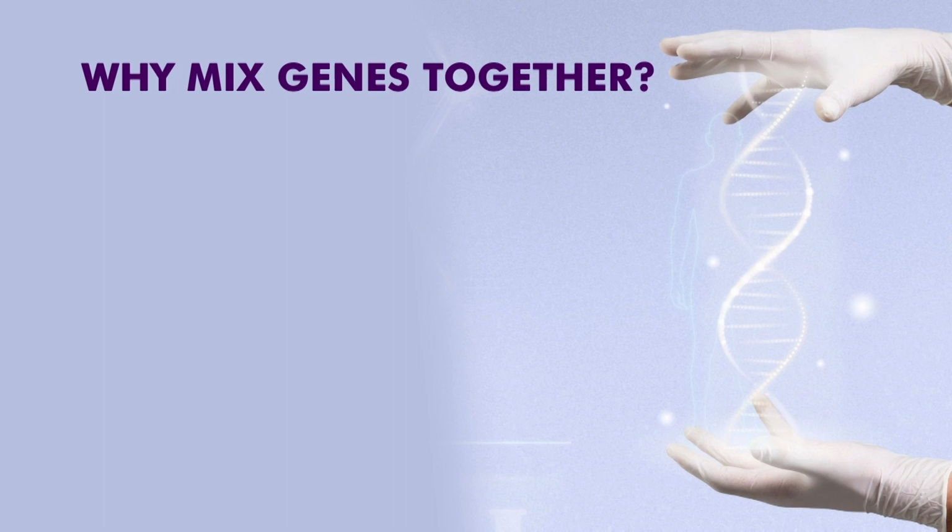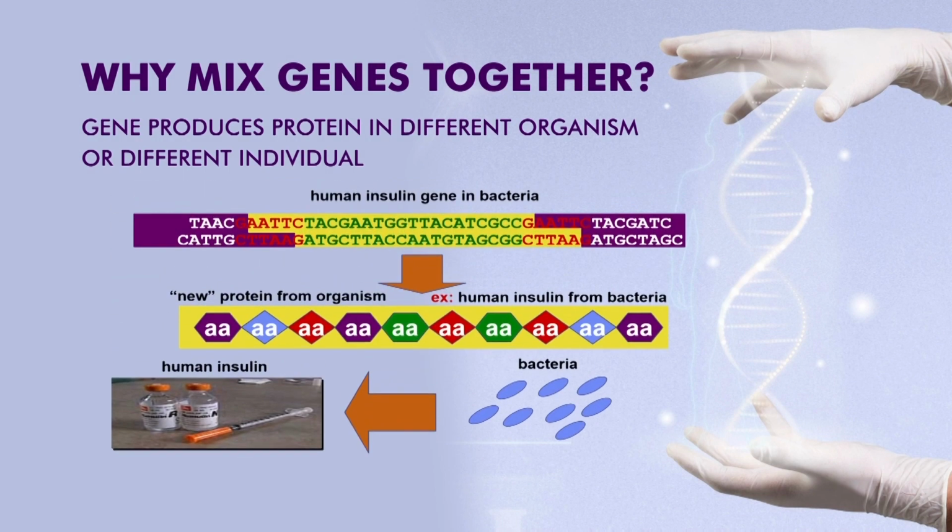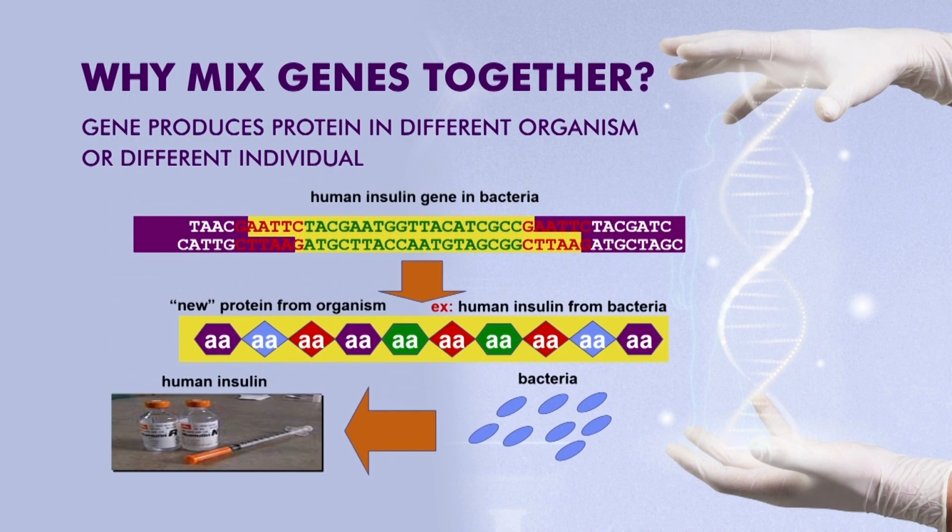Why mix genes together? Genes produce proteins in different organisms or different individuals, as I have already discussed in the example of humulin. So, we can see in this particular figure that initially the human insulin gene was not present in bacteria, but human insulin can be developed in bacteria by transferring this gene into the bacteria.